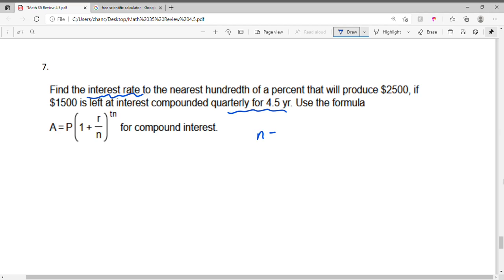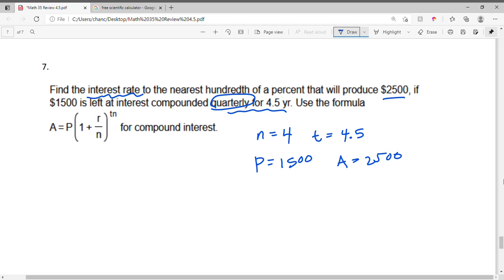Now we know this is compounded quarterly. That means N, the number of compounds, is equal to 4. The time frame that we're looking at here is 4.5 years. That's T. The principal is the initial deposit, which is given as 1,500. And our final amount should be 2,500.